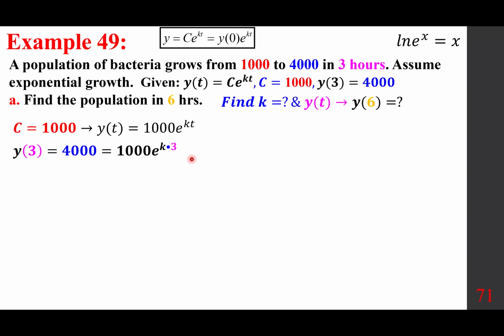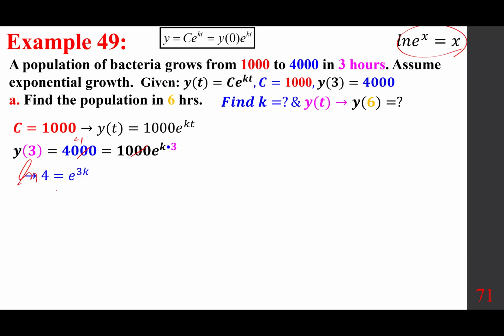So we want to solve for k, which means we're going to drop the 1,000 and change this to 4, right? Divide by 1,000. Ln of e to the power of x is x. You can either go by the definition or say, I'm going to take the natural log of both sides.